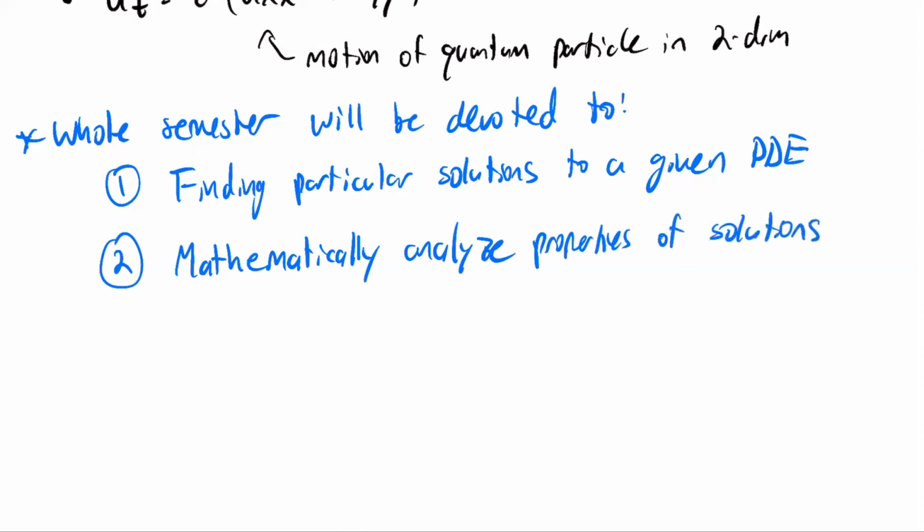Let's say I have a solution to the wave equation in the abstract. For example, how do these solutions behave? Do solutions decay over time or blow up or something like this?